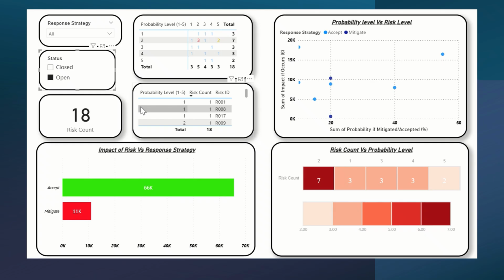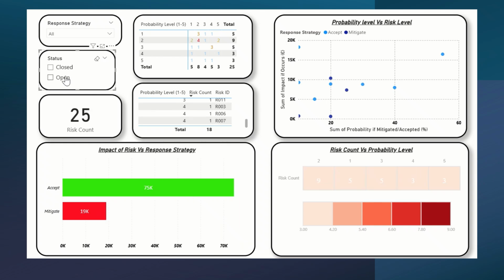Okay, so open 18, and you can easily see that all the impact risk comes from the open ones, and especially from two important ones at probability level 5. We have 2 and 4, which represent a total of 5, 20% of the total amount of risk. So it's another point to take into account.